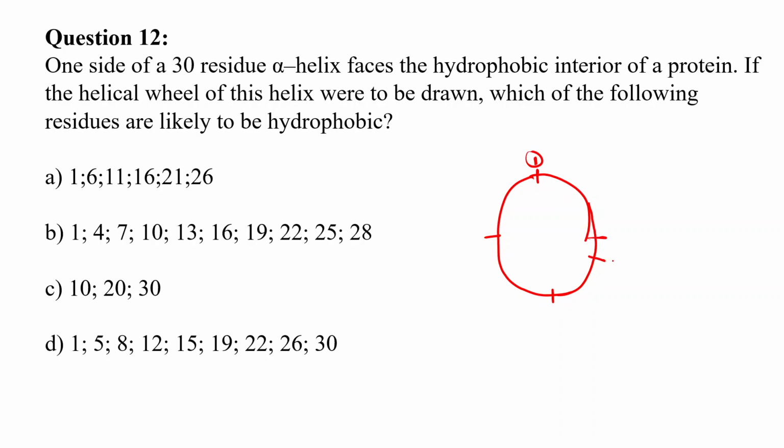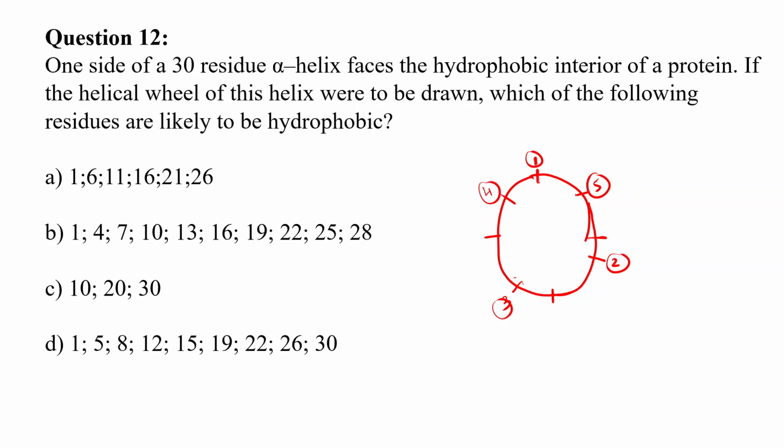So, after 100 degrees we will have the second residue, then again after 100 degrees, somewhere here we will have the third residue, then again after 100 degrees we will have the fourth residue, and so on. So, like this on the helical wheel we place the different residues of a peptide chain, each residue placed after 100 degrees on a circle.